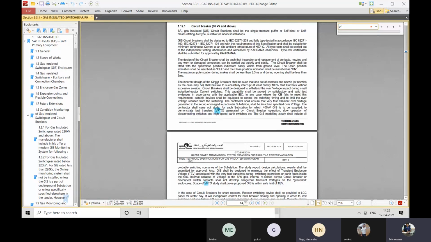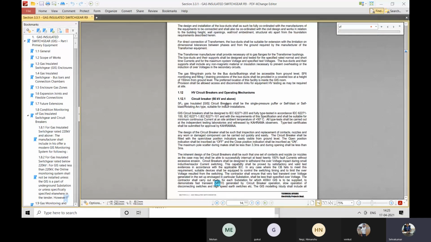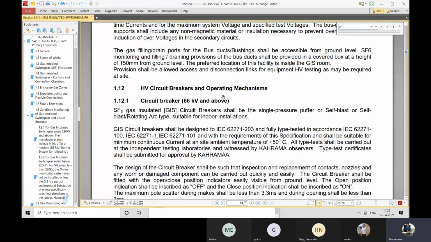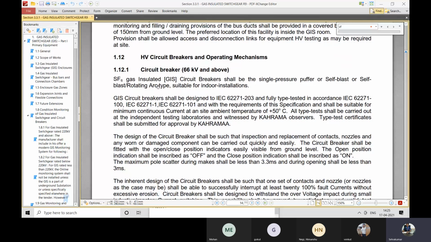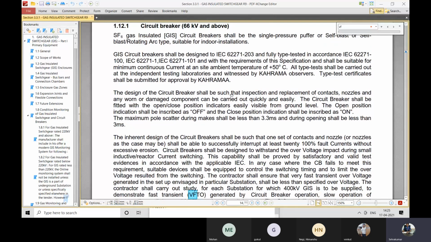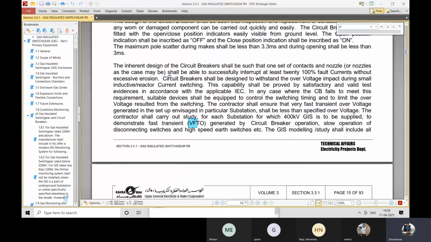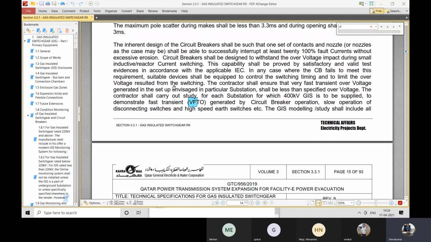This is specified as a part of the HV circuit breaker operating mechanism, along with the standards. This is basically talking about the requirements of the circuit breaker. They are talking about all these studies, not just VFTO, so let us have a quick look at how it is.